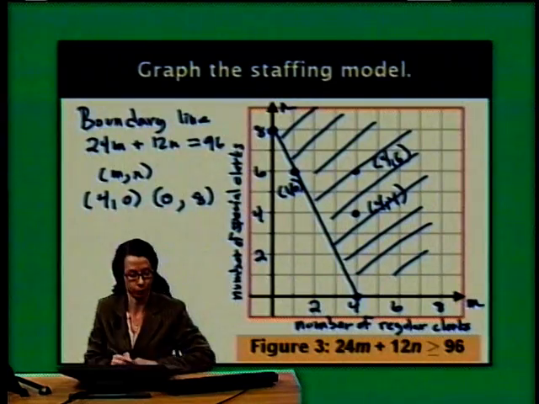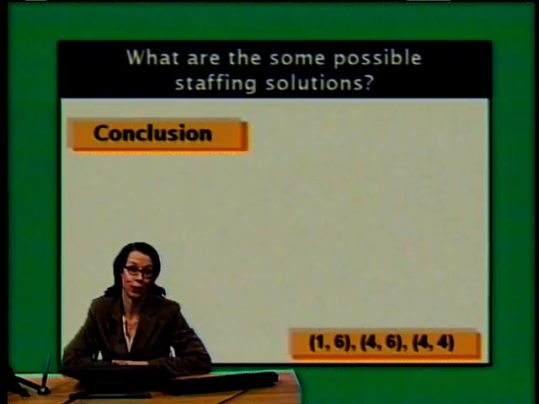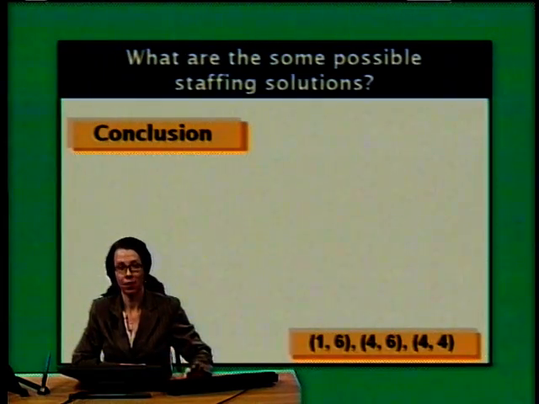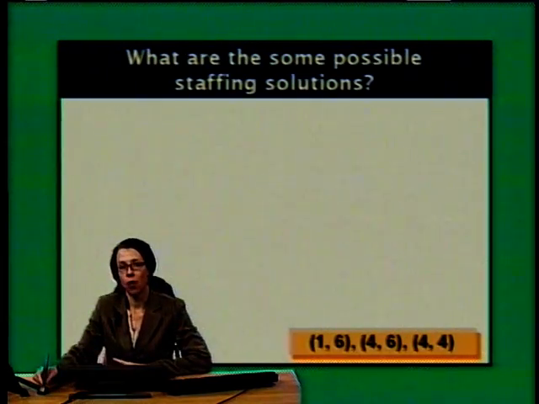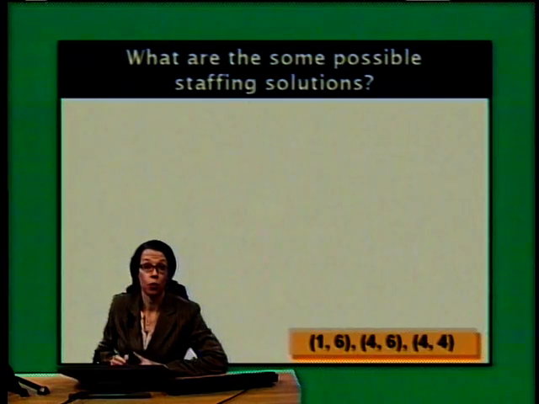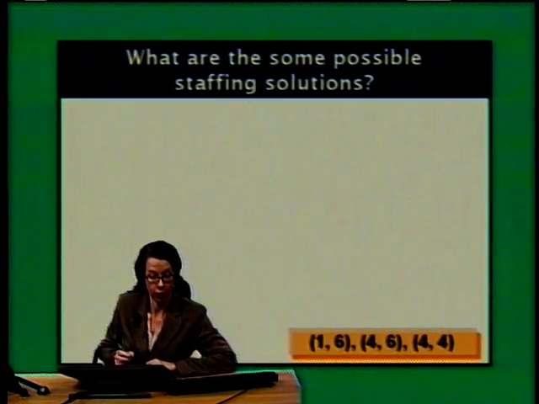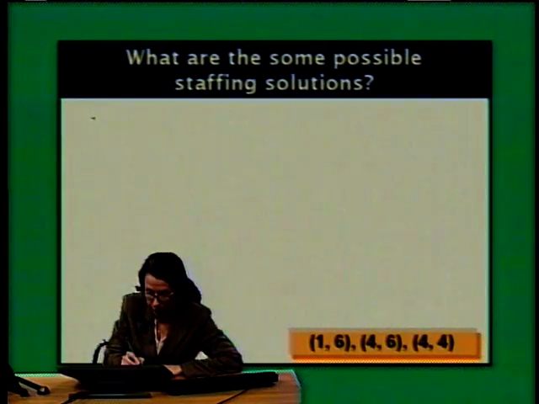So now let's state a conclusion by discussing some of these solutions we just found. We saw that if the post office used 1 regular clerk and 6 special services clerks, they could exactly meet their needs.